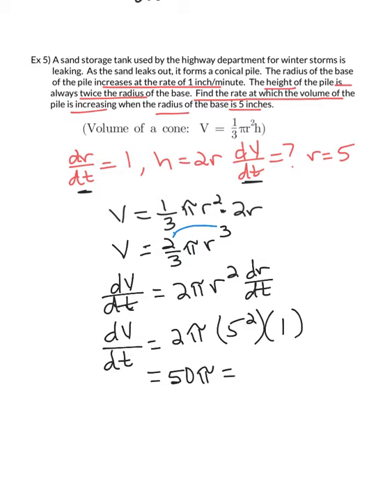And if you actually multiply that out, you get 157.1. Now, how are we measuring this? Inches per minute. But this is how volume is changing, so it needs to be inches cubed per minute.